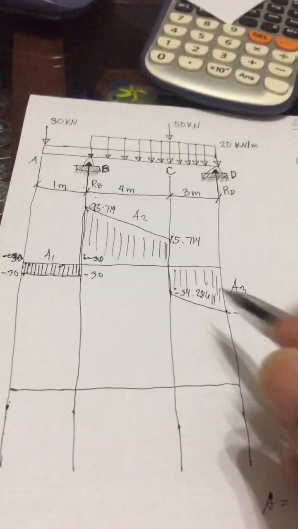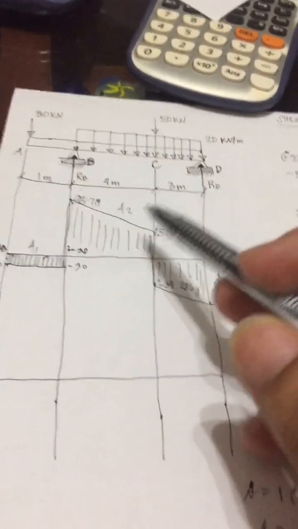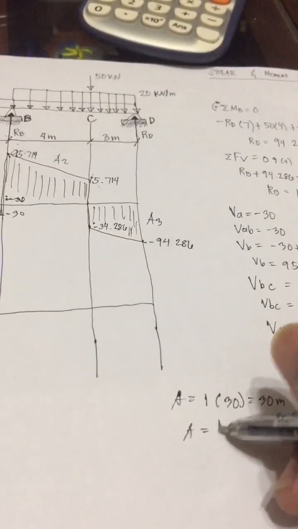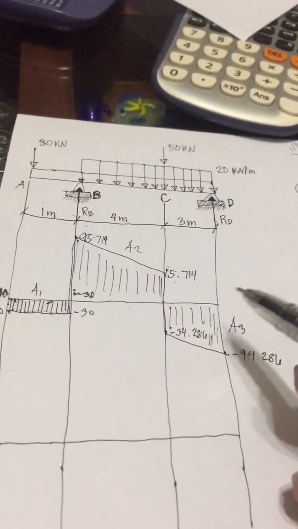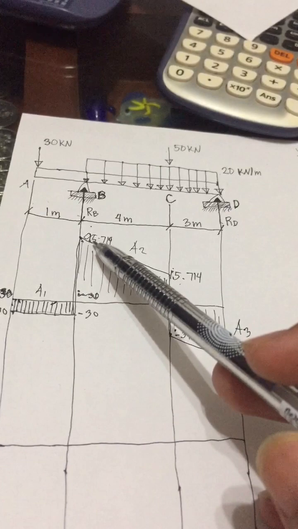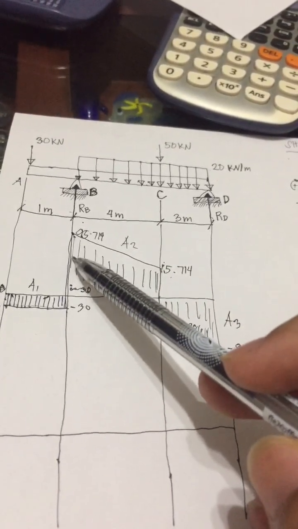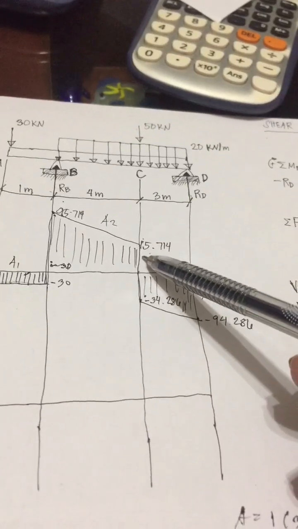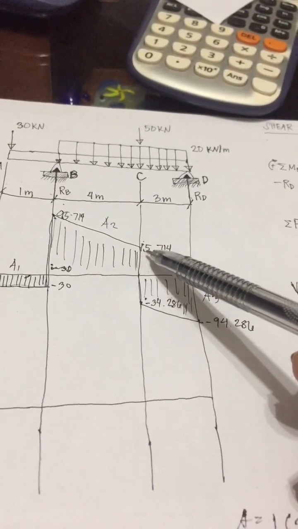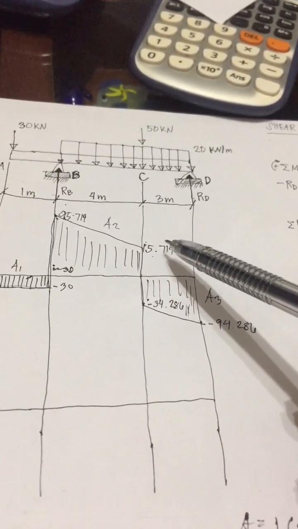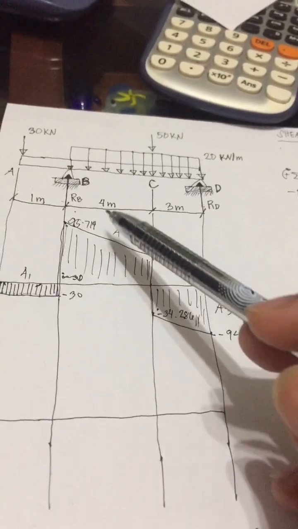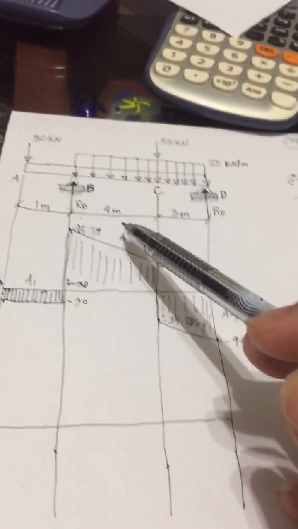Then our area 2, since it is a trapezoid, we have a formula of 1/2 times the height of 95.714 from this side, plus the height of the right side, which is 15.714, times the base, which is 4 meters.